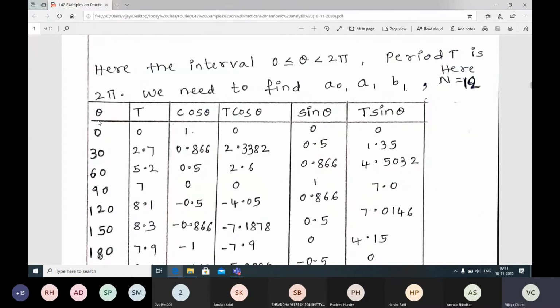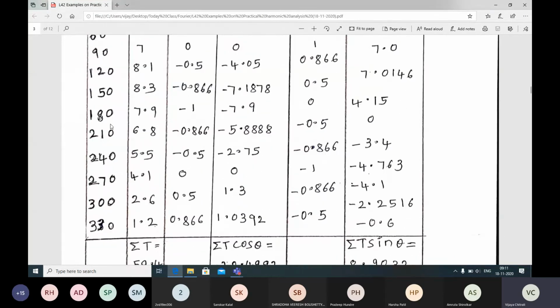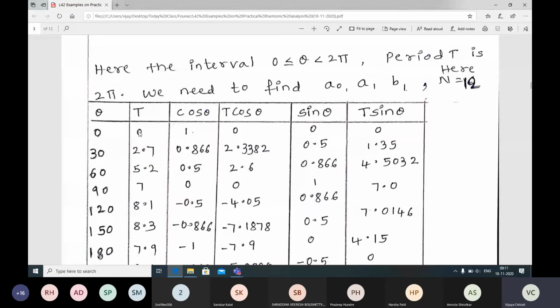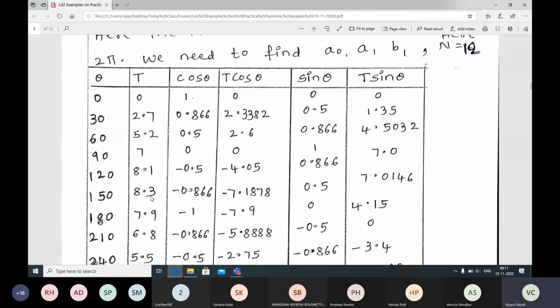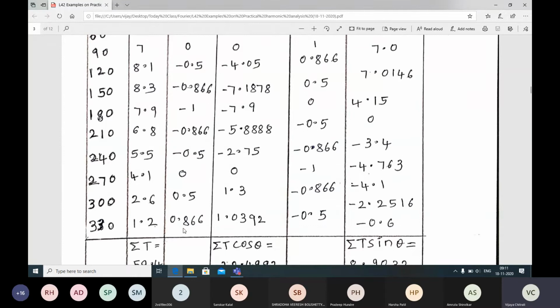Theta is 0, 30, 60, 90, 120, 150, 180, 210, 240, 270, 300, 330. And the capital T values are 0, 2.7, 5.2, 7, 8.1, 8.3, 7.9, 6.8, 5.5, 4.1, 2.6, 1.2.